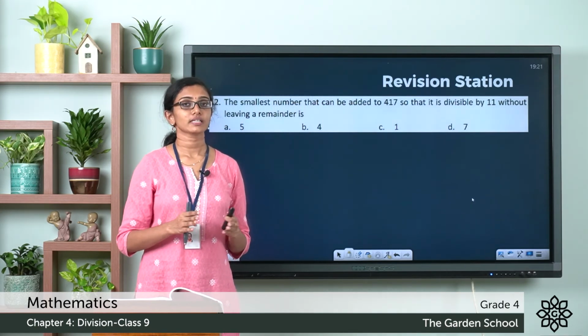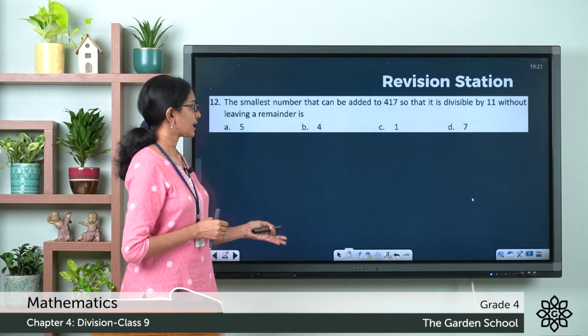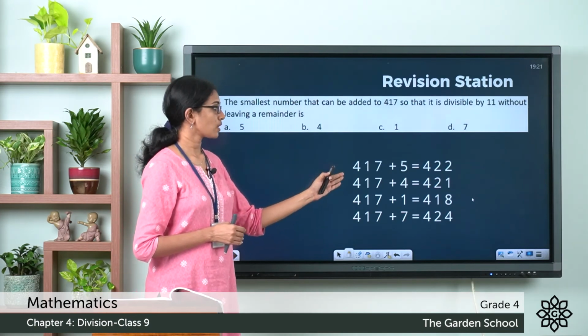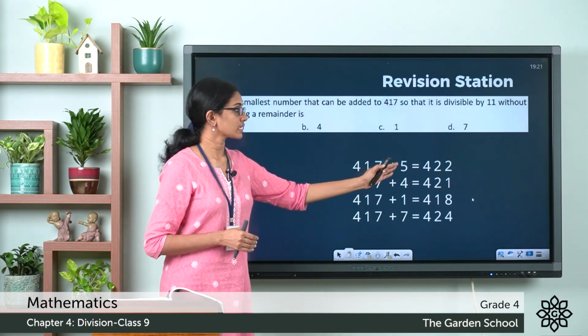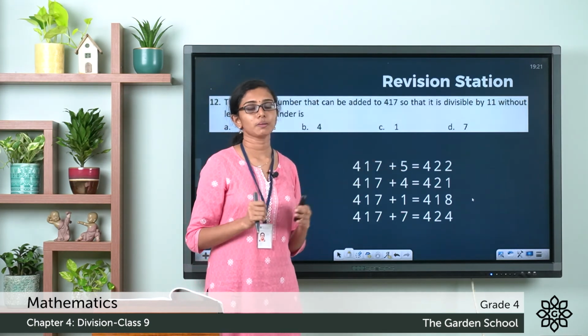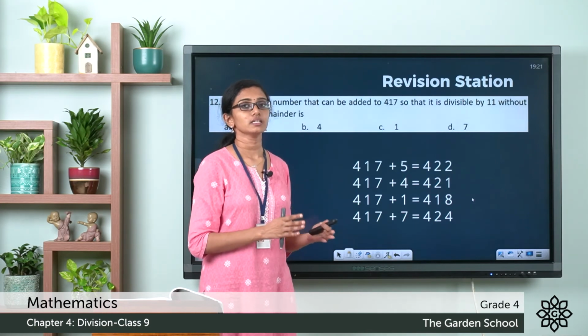Let us have a look at the choices given here. The number we are given is 417 and the first choice is 5. So, let us add 417 and 5. That will give us 422. Let us check if 422 is divisible by 11.